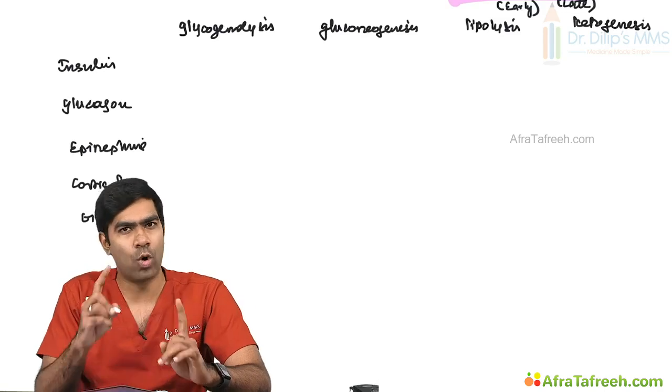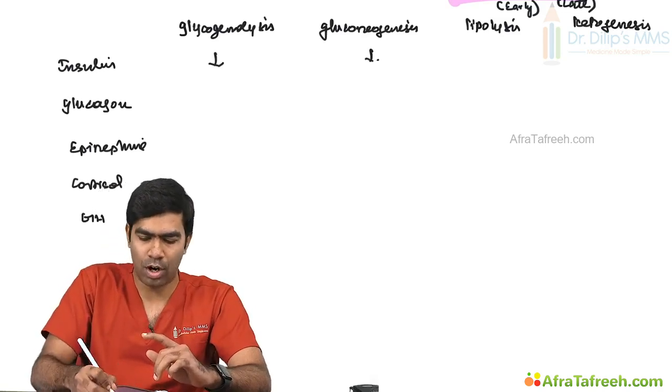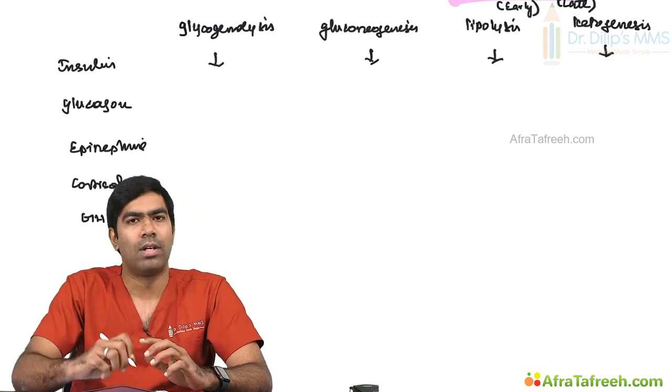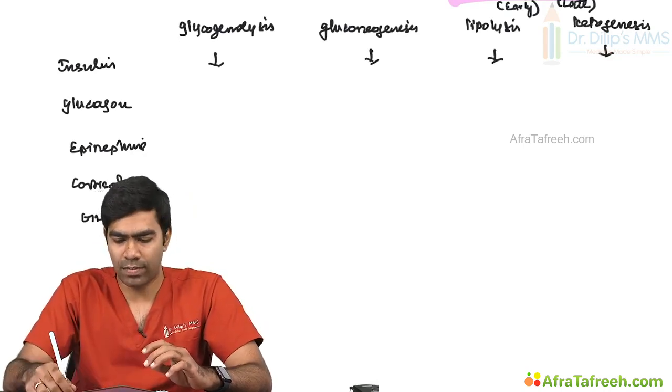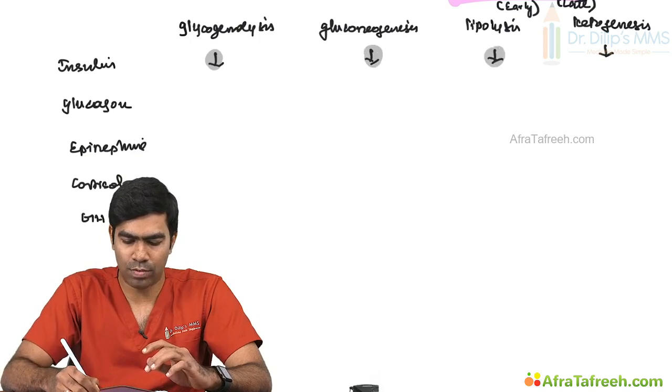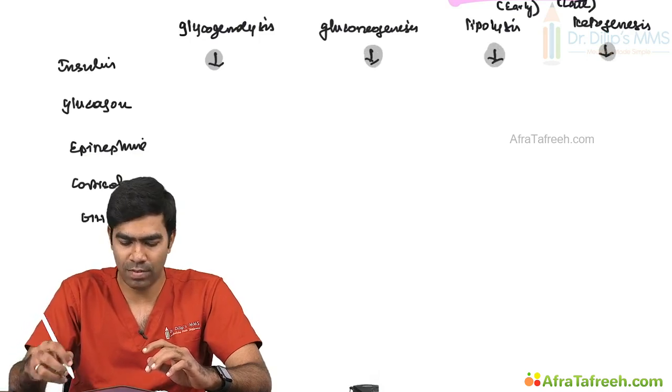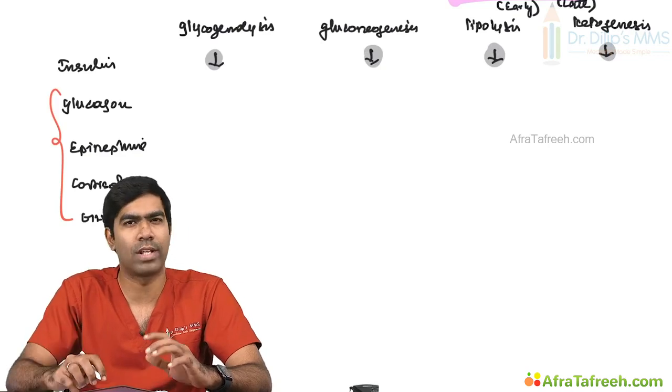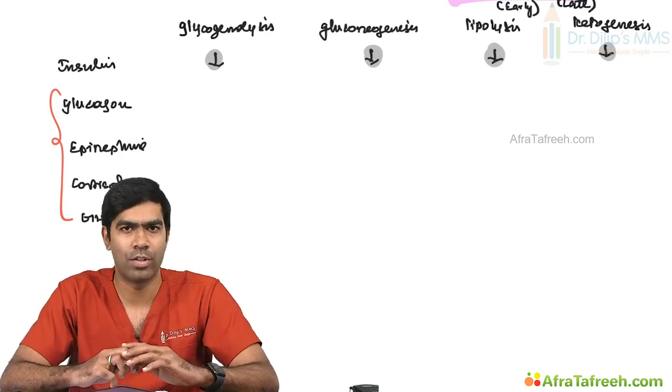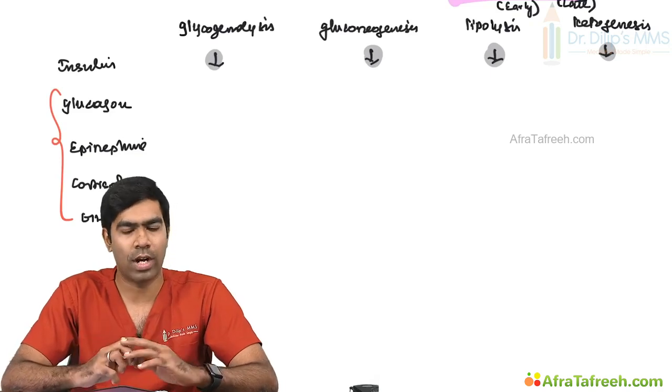Of course, insulin is the only hormone that has effects on all of these biochemical processes, and its effect is to suppress all of them. And that is the reason why we have 4 counter-regulatory hormones work in synchrony to antagonize the action of insulin in the body. And what can glucagon do?